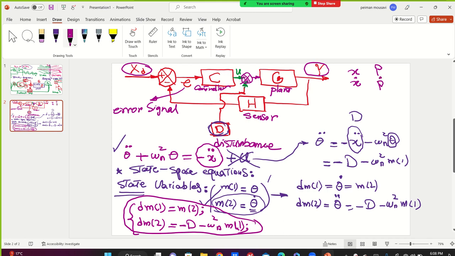When I'm talking about the temperature of the room, it is the first state variable and T dot is the second state variable. Whatever you are trying to control. Here, only theta, the angle of the pendulum, and theta dot were our state variables. Clear, guys? Yes? Okay. But before going to MATLAB, can I go to the next page?